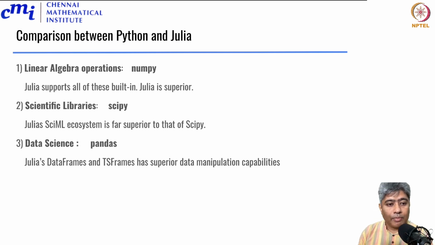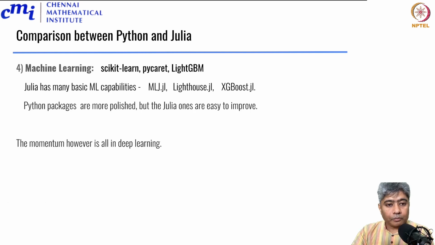For the scientific library SciPy, the Julia SciML ecosystem is definitely far superior. For data science packages like Pandas, Julia's DataFrames and TSFrames have superior data manipulation capability, and TSFrames is being developed by our group, by Chirag and Ajay and Ayush. I'll tell about them later.